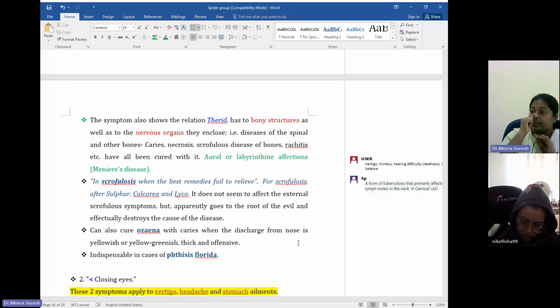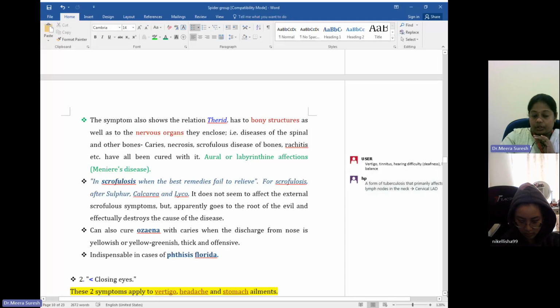When there is ozena, it is actually the destruction of the nose, the nasal cavity, the nasal septum, and very offensive nasal discharge will be coming from there. So in those conditions also we can think about Theridion. And it is indispensable in cases of phthisis florida.